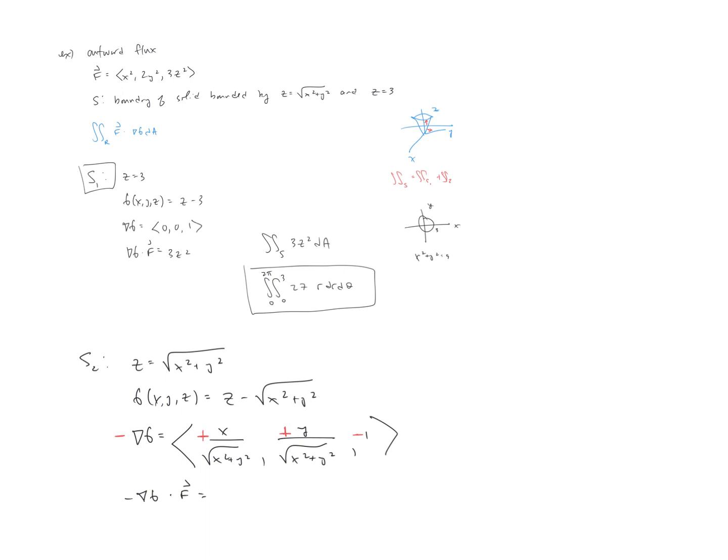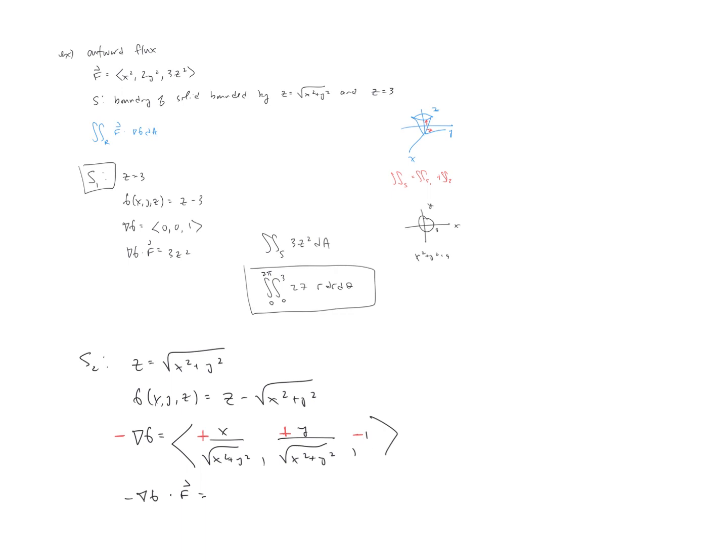And this one gets a little bit messier, not in a way that's not going to work out nicely, but it is going to be a little bit messier. So we're going to take this guy right here times this guy right here plus this guy times this guy plus this guy times this guy. So it's just a traditional dot product, but again, a little bit messier.